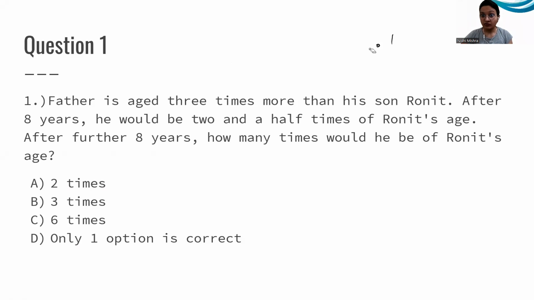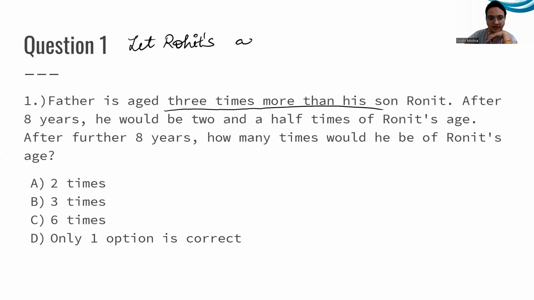Read properly. Father is aged 3 times more than his son Rohit. So father's age is Rohit's age plus 3 times of Rohit's age. Let Rohit's age be x.